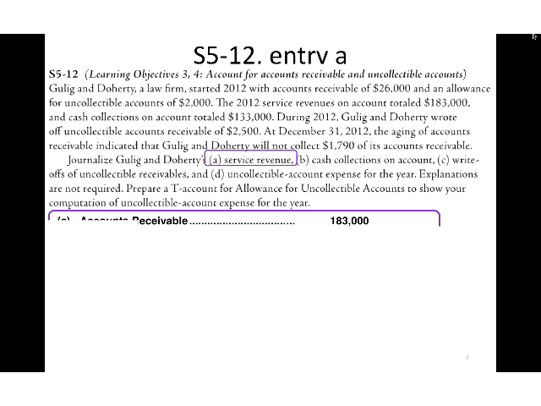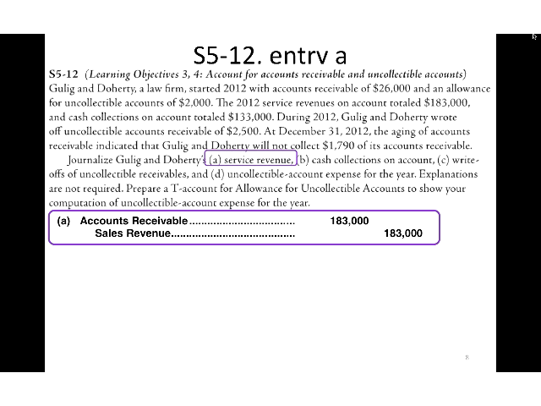So we are going to see a journal entry here, debiting accounts receivable, which is an asset, to increase receivable. We're now due this from our customers. And then we're going to credit sales revenue for the $183,000. We've seen this entry before, but this is what it looks like when you have a sale on account.